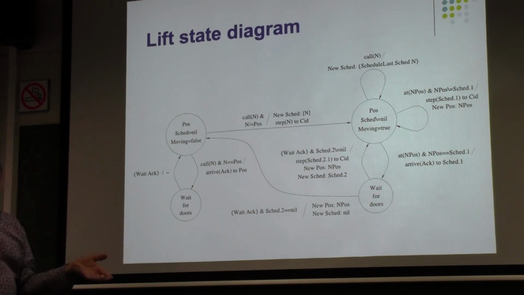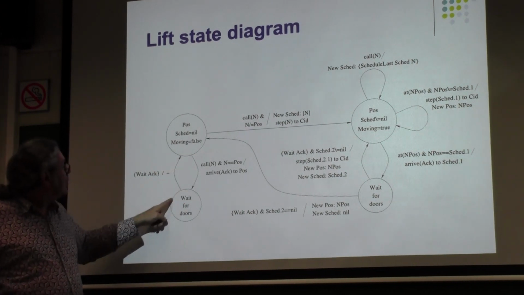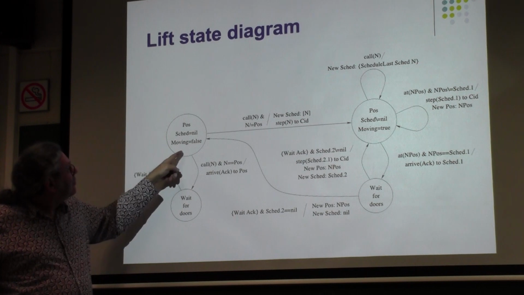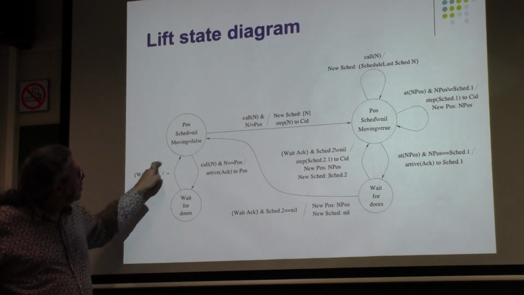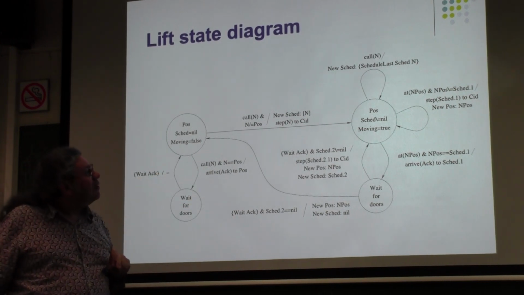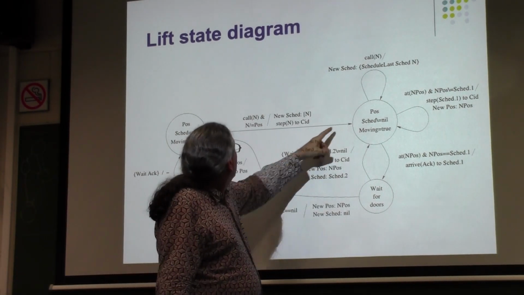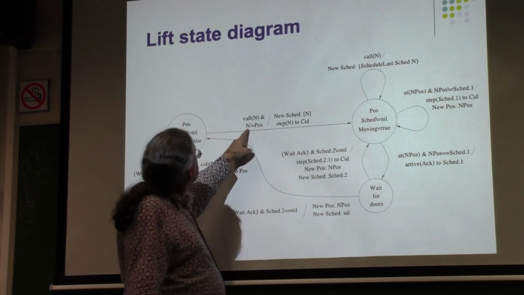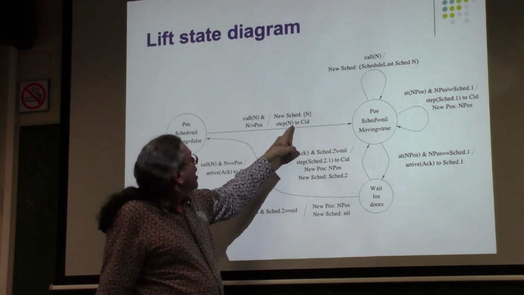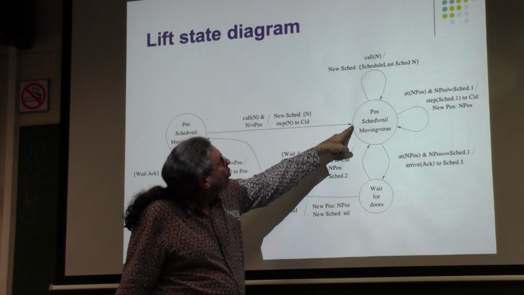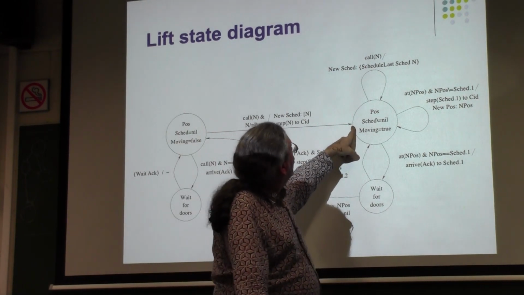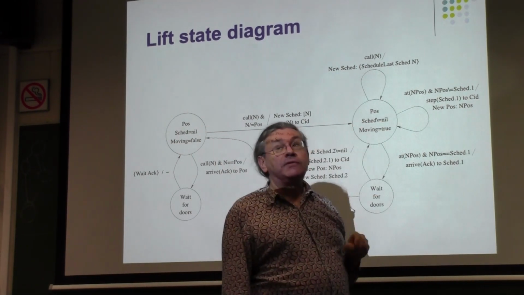So if the lift is already there, it can just open the doors and then wait to leave. Okay, so that's a simple condition. And if the lift is not there, okay, so N is different from the position, I send a step to the controller, and the controller will send an at message back.